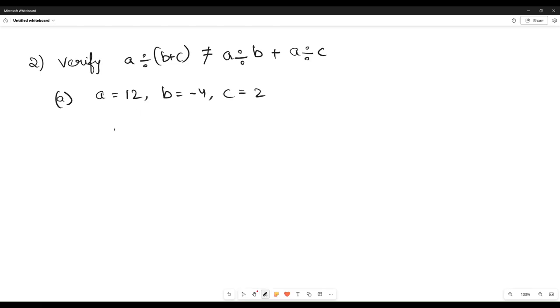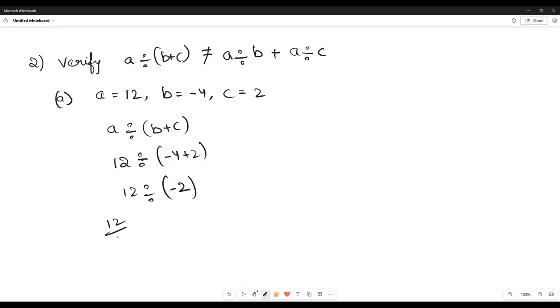First take the first one, A divided by B plus C. A is 12 divided by minus 4 plus 2. Let's remove the brackets first. Minus 4 plus 2 is minus 2. So 12 divided by minus 2. 2 ones are 2, 2 sixes are 12. The denominator has a negative sign, so minus 6.